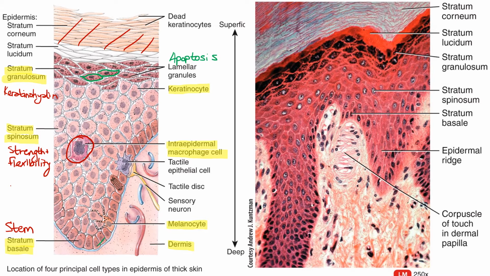Now, also present in the keratinocytes in the stratum granulosum are membrane-enclosed lamellar granules. This is labeled right here. These fuse with the plasma membrane and release a lipid-rich secretion. This is released between the layers of the epidermis, and it really acts as a water repellent sealant.